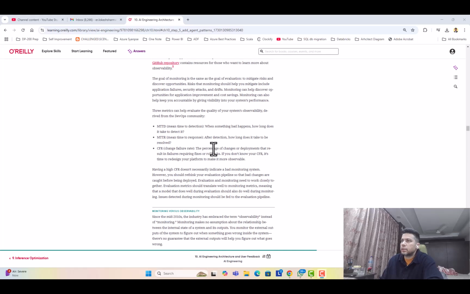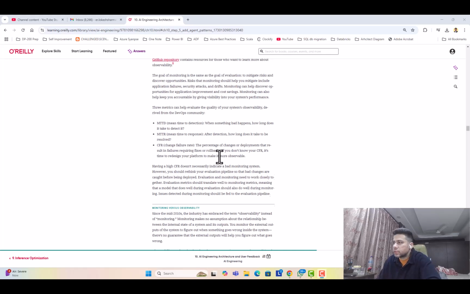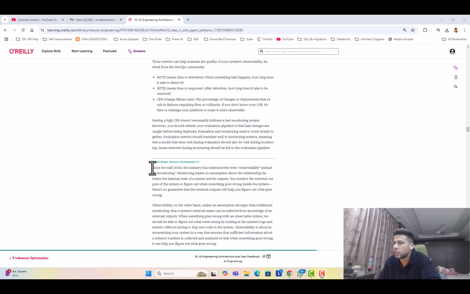I think these could be interchangeable terms because, as you can see here, the author writes in this section that since the mid 2010s, the industry has embraced the term observability instead of monitoring. So these could be used interchangeably.